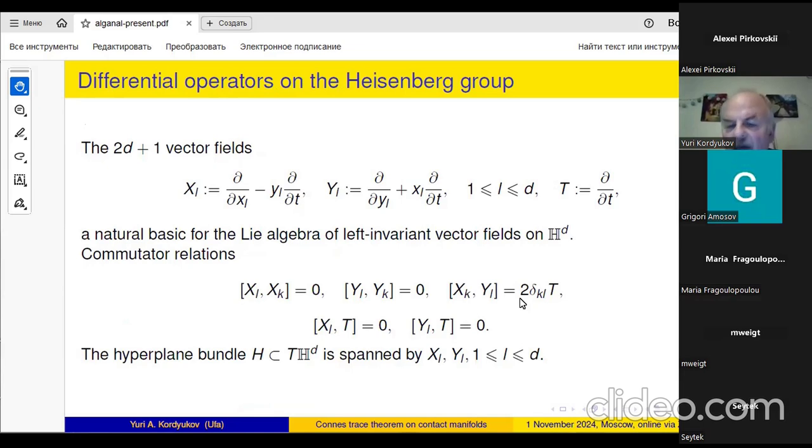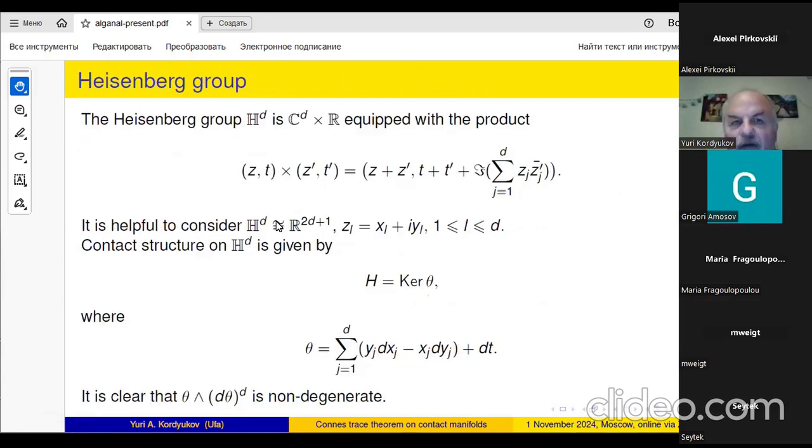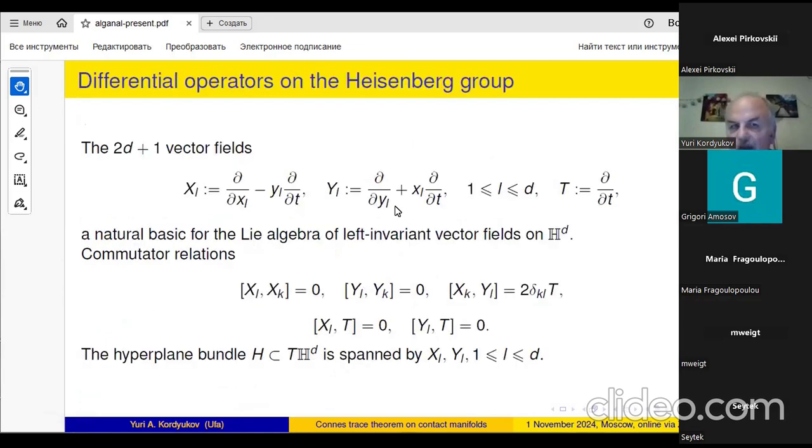But first, let me also recall to you some operators. Once we have a Lie group, we have the corresponding Lie algebra, and the Lie algebra is given by these operators. So this is a natural basis of the Lie algebra, of left invariant vector fields. And these are commutator relations. We see that here we really have a kind of canonical commutation relations.